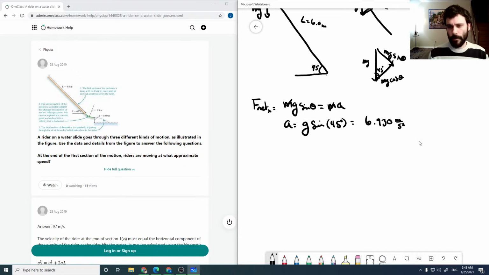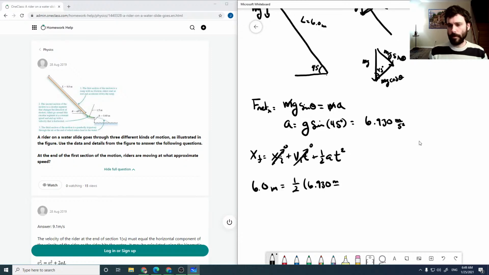So our xf is equal to our xi plus vi t plus 1/2 a t squared. So this is 0. We're starting with no velocity, and we're calling our initial position 0. And our xf is our 6 meters, equal to 1/2 times 6.930 meters per second squared, t squared.